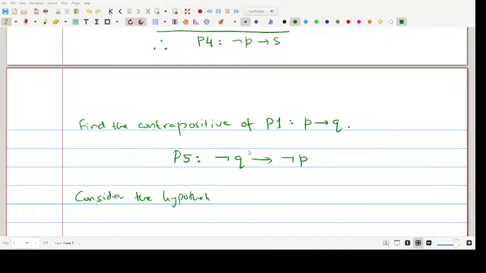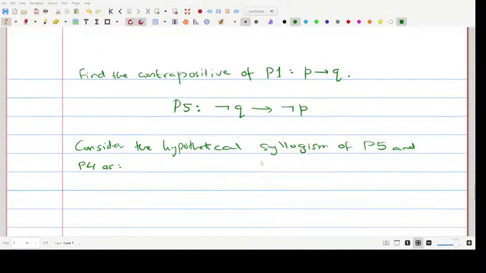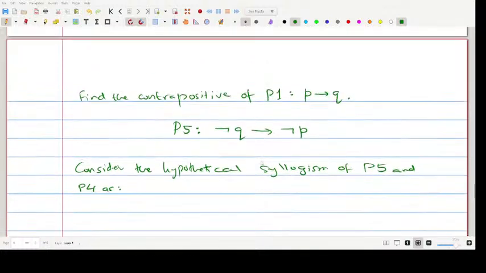So P5 would be negation of Q implies negation of P. Now again consider the hypothetical syllogism of P5 and P4.